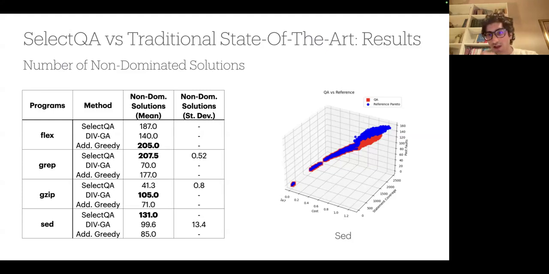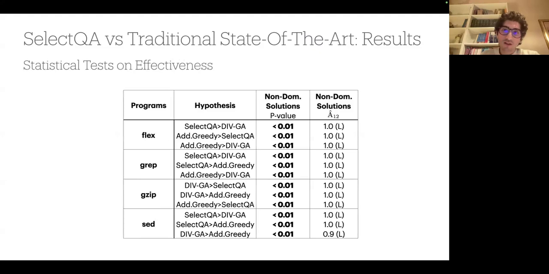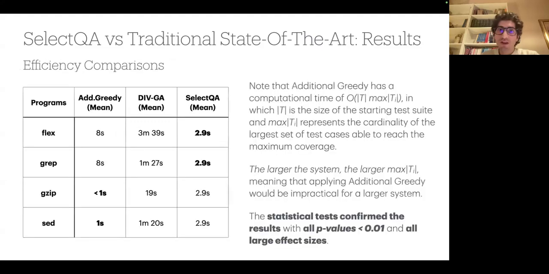As we can see in this graphic, for the seed program, for example, the majority of the non-dominated solutions found by SELECTQA were selected to compose the final reference Pareto frontier. The statistical tests also confirmed the results we obtained, all with large effect size.